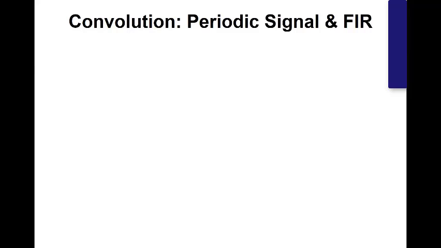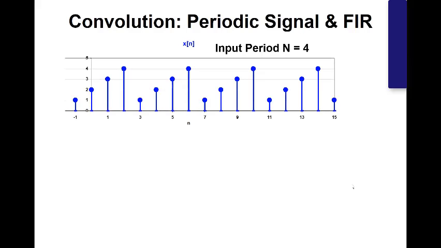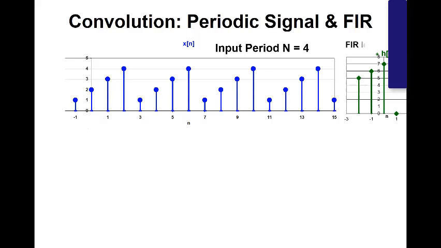Well, let's do a couple of test cases and see that that's so. Here's a periodic signal. It's like a sawtooth wave. It goes 1, 2, 3, 4, 1, 2, 3, 4, 1, 2, 3, 4, 1, 2, 3, 4, and does that forever. And I'm going to convolve that with a finite impulse response system. So I have a system that has a unit sample response with these three samples, 5, 6, 7, which happens to be non-causal, but that's fine.